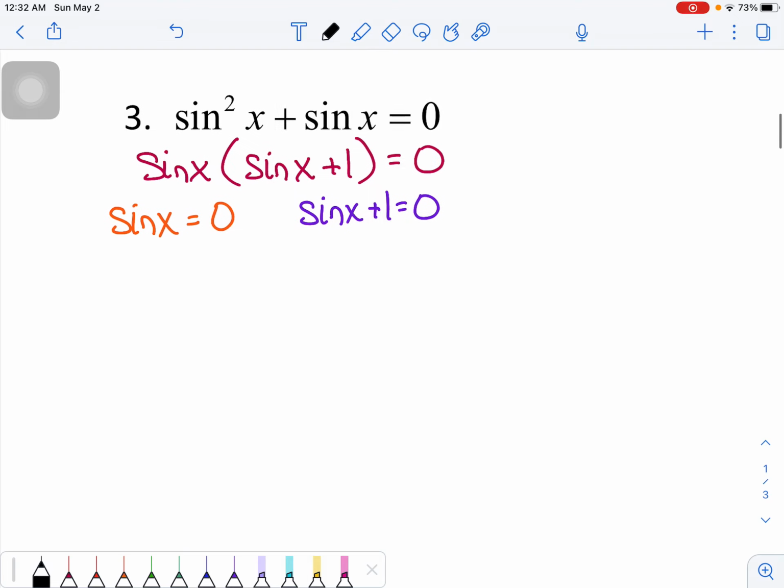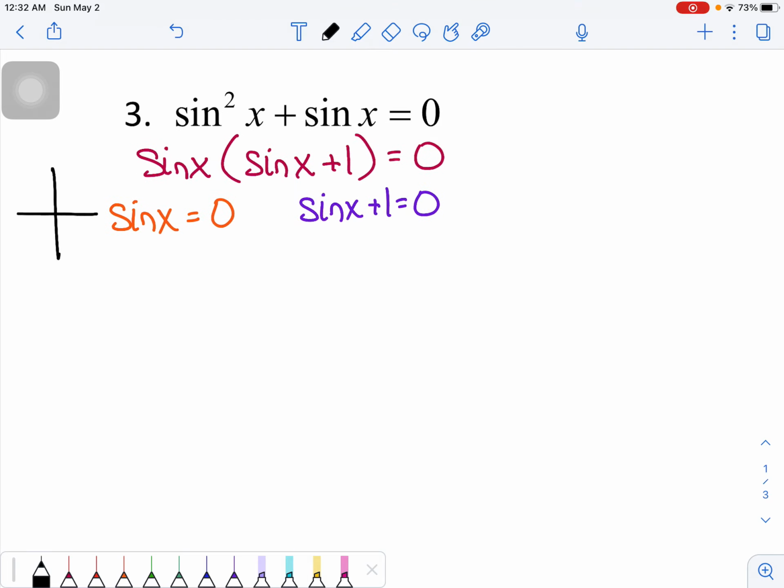Instead, what you need to think of is the unit circle. So we've got 4 major points in the unit circle. We've got this point, which is (1, 0). This is (0, 1). This one is (-1, 0), and (0, -1).